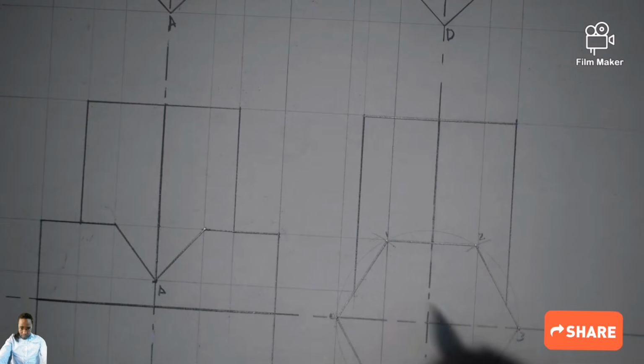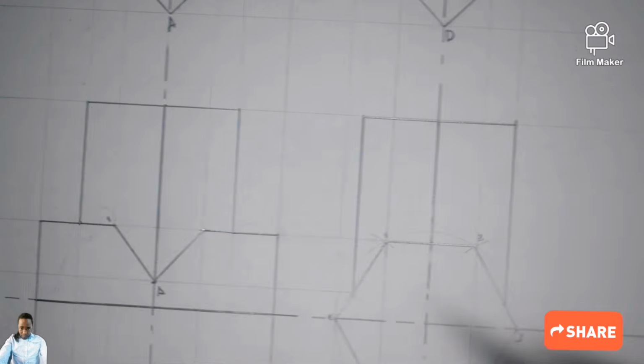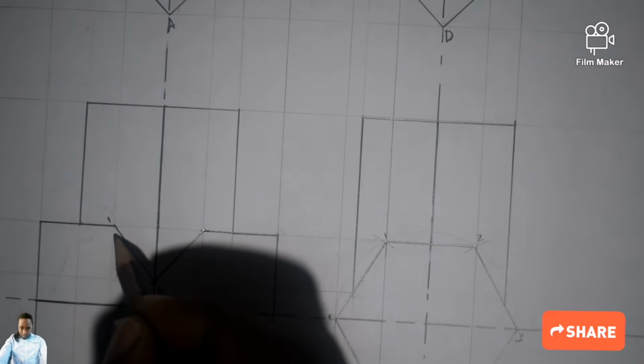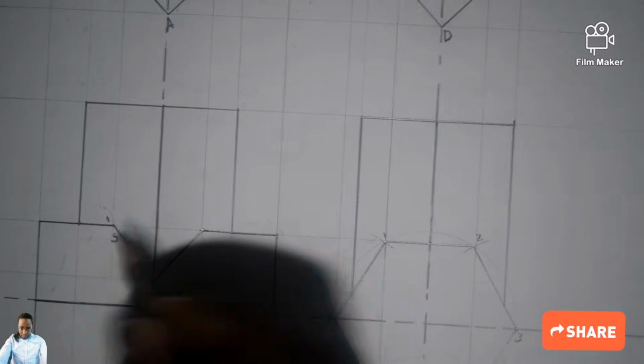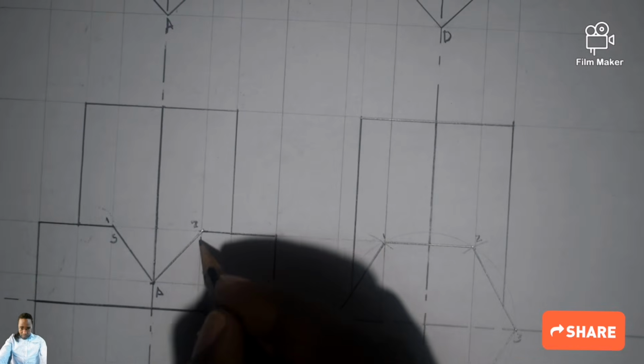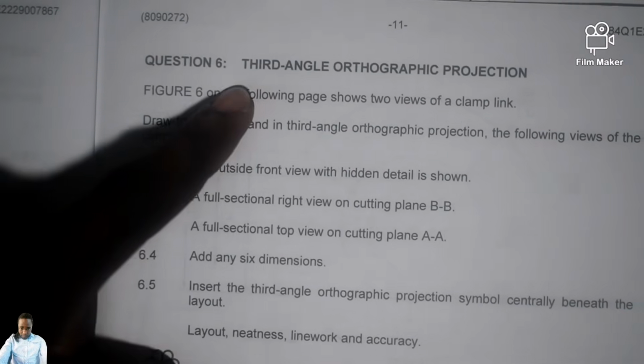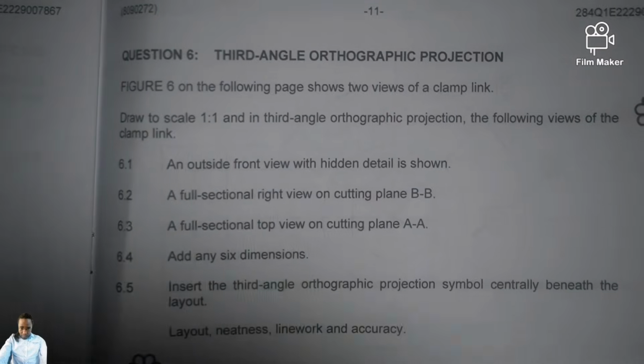Which means I can say I've got a 1 here with a 5 and the 2 with the 4, right? Just like this. So the question was like a full sectional top. You see, now I'm reading the wrong question. This is first third angle orthographic projection.